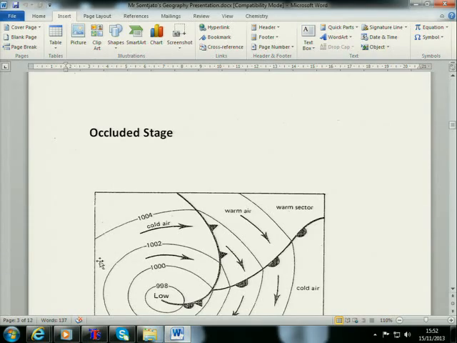That is the mid-latitude cyclone. Let us look into the characteristics of the mid-latitude cyclones, the qualities of the mid-latitude cyclones.